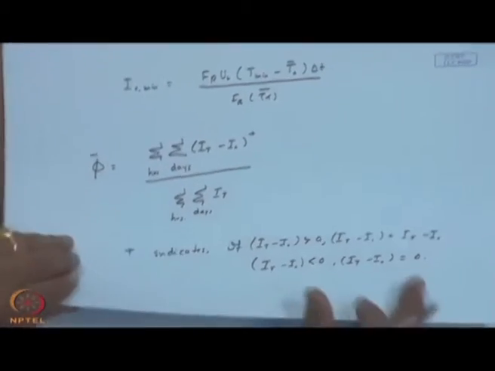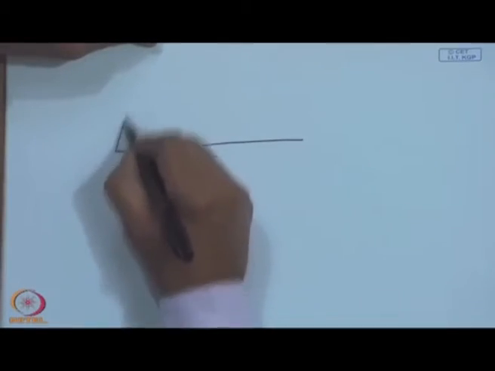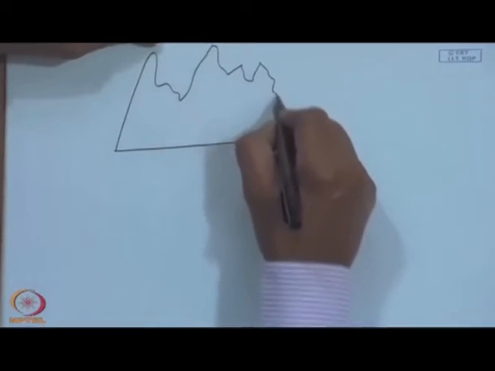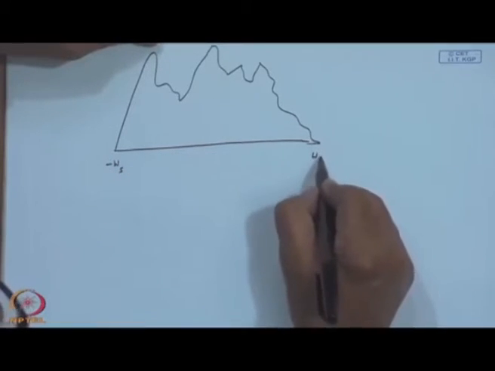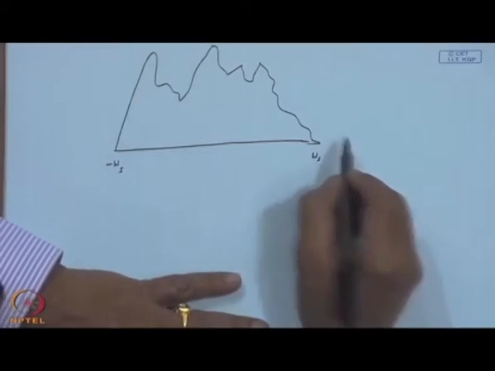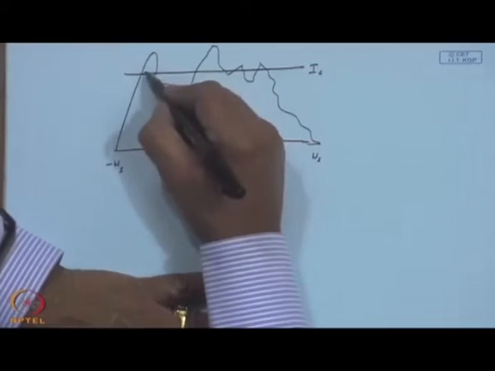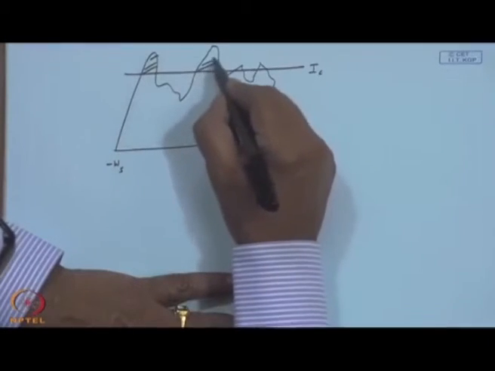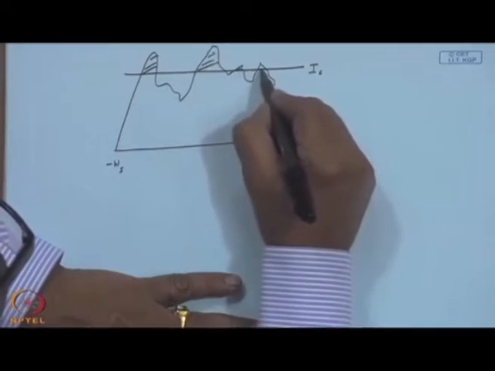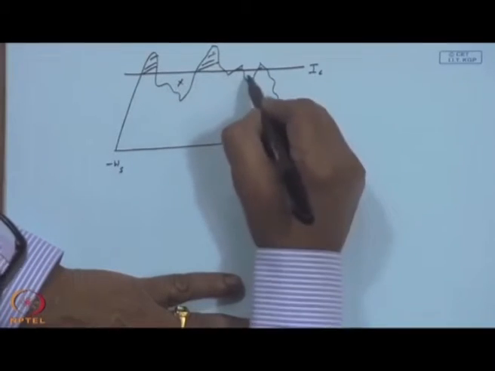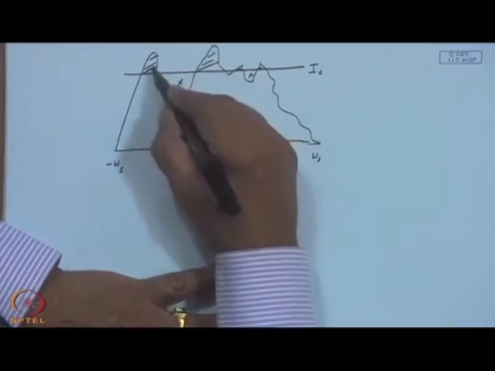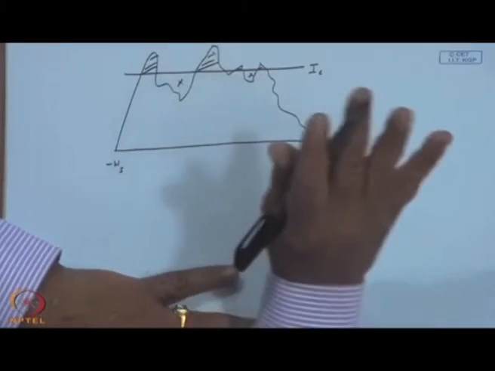imagine a wavy cloudy day where the solar radiation may be increasing or decreasing. If this is my Ic, here is a contribution, here is a contribution, here is a small contribution here. This is negative, so it will not subtract from these positive things; it is treated as 0.